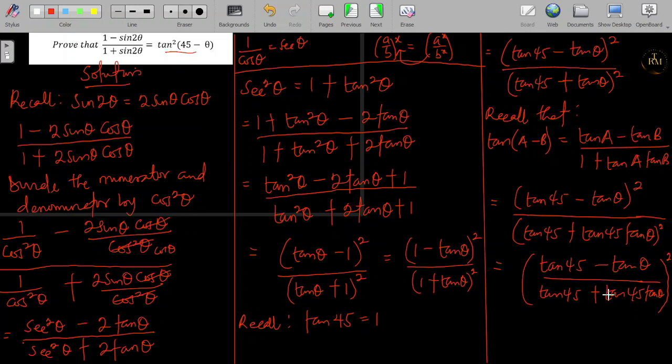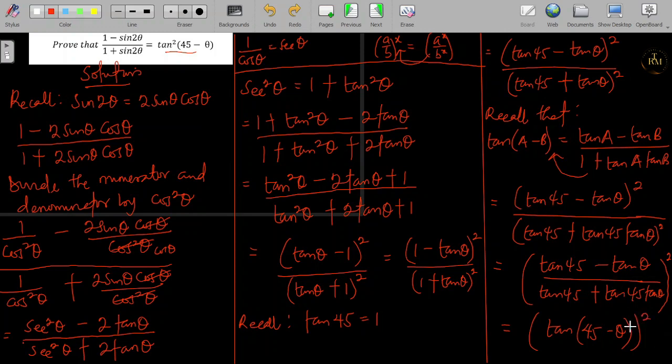Then tan A, tan 45, tan B, and tan theta. So literally, I can take back all of this inside of this bracket to mean tan 45 minus theta. Then I have the squared.